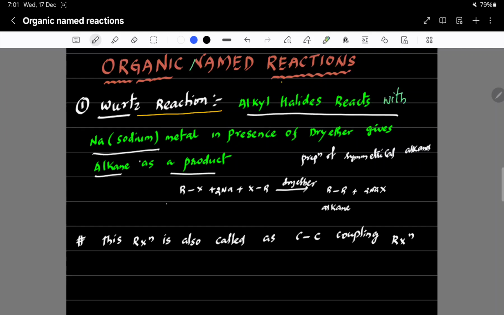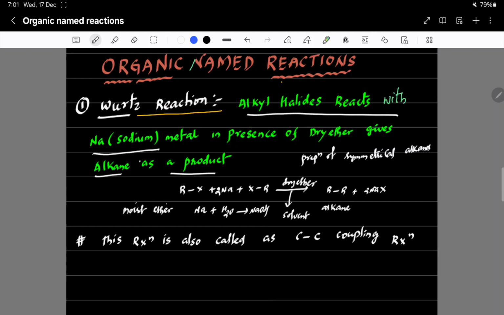Now look at students. In this reaction we are using dry ether as a solvent. Why are we taking dry ether as a solvent? If we take moist ether, what will happen? This sodium metal reacts with water and forms NaOH.